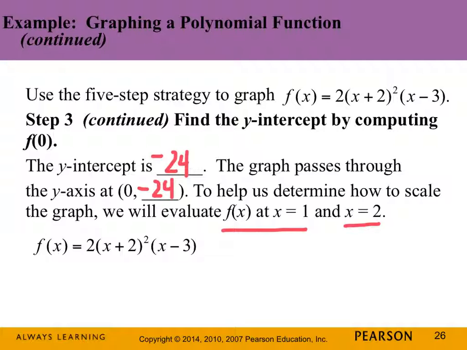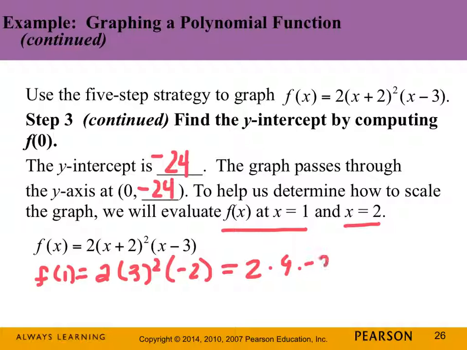So f of 1 is 2 times 1 plus 2, which is 3 squared, times 1 minus 3, which is negative 2. That's 2 times 9 times negative 2, and so that's negative 36. So when x is 1, y is negative 36.